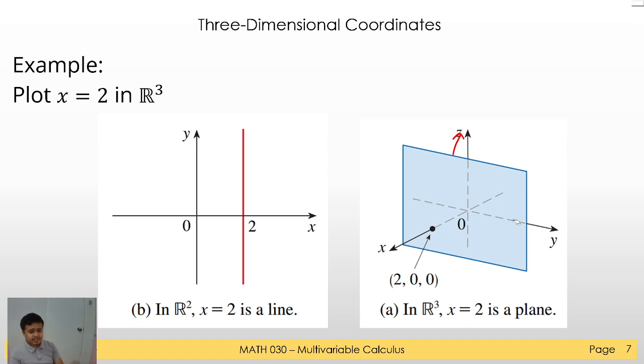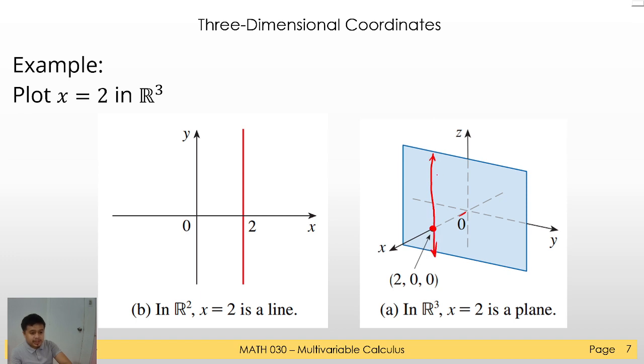So there is a difference in plotting lines in a plane versus in a space. In a space, your line will become a plane. You can imagine here, this is x equals 2, and this is positive, so this will be your representation.